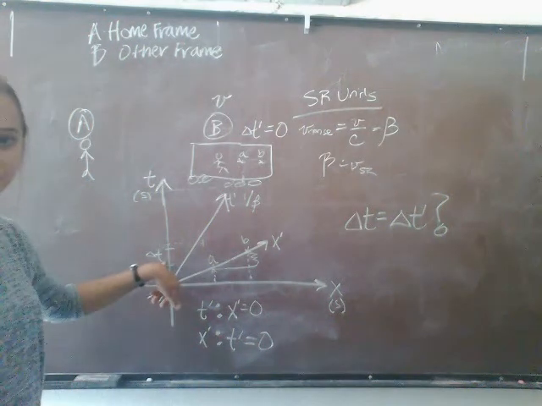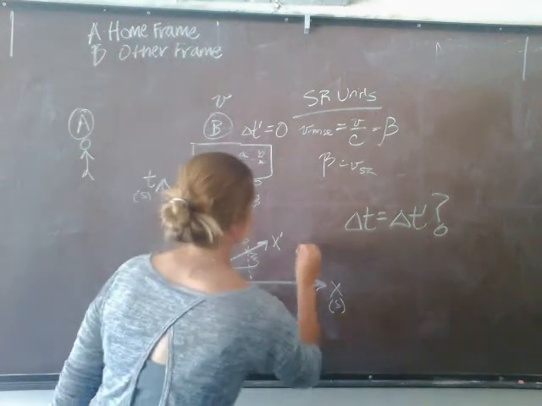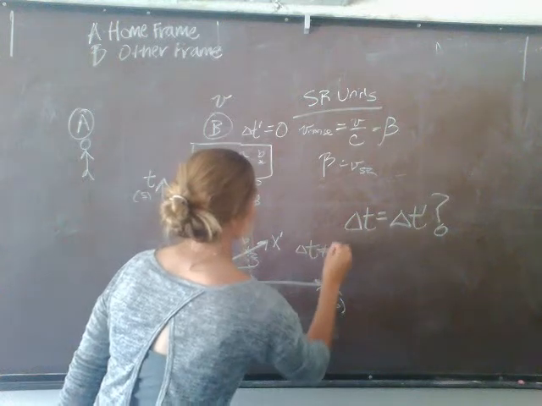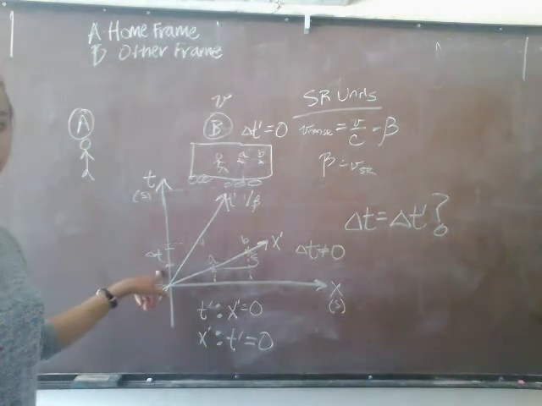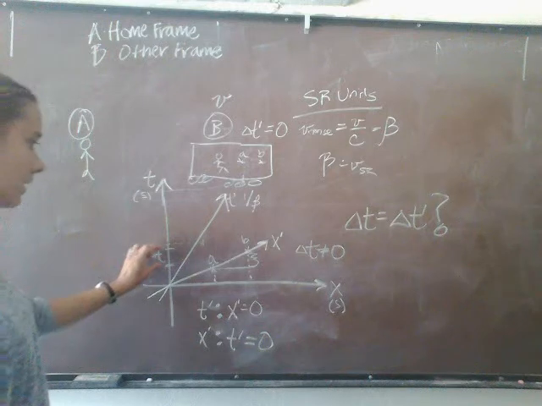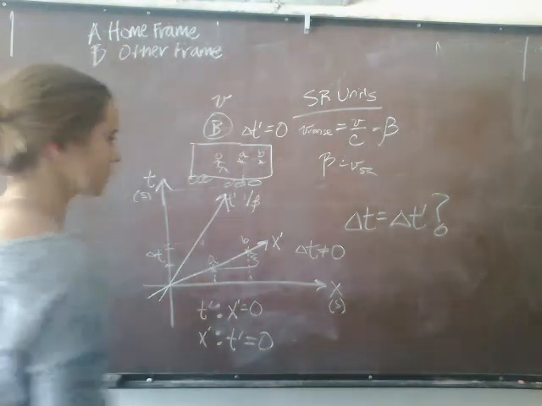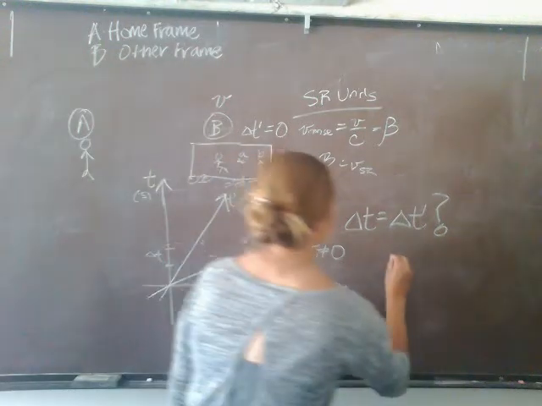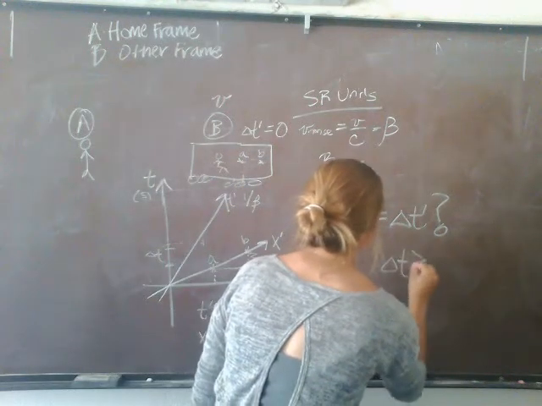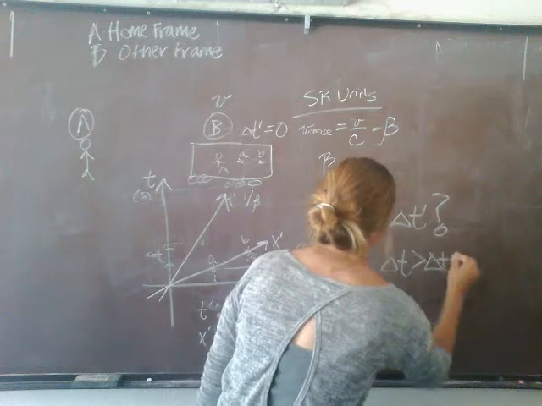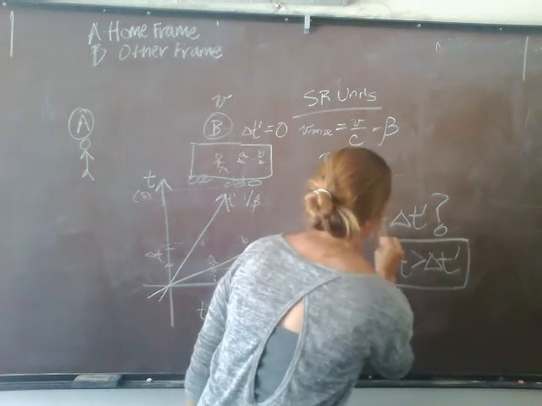Does that equal 0? I don't think so. So delta t does not equal 0. Is that greater than or less than 0? Well, clearly delta t is a number. Delta t is not less than 0. So proven from this graph, delta t is always greater than delta t prime.